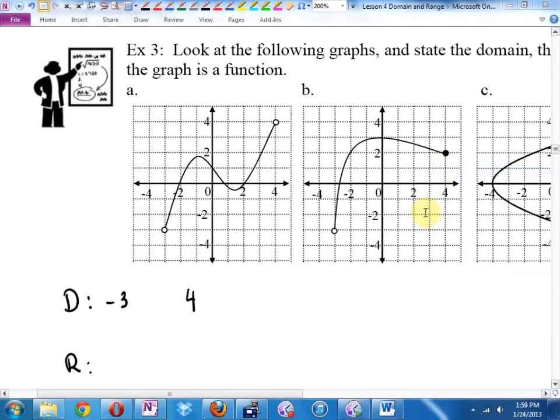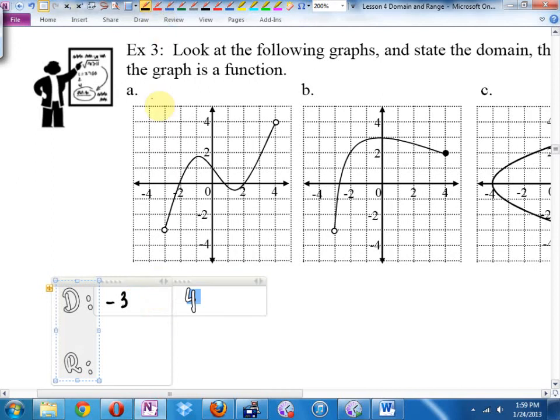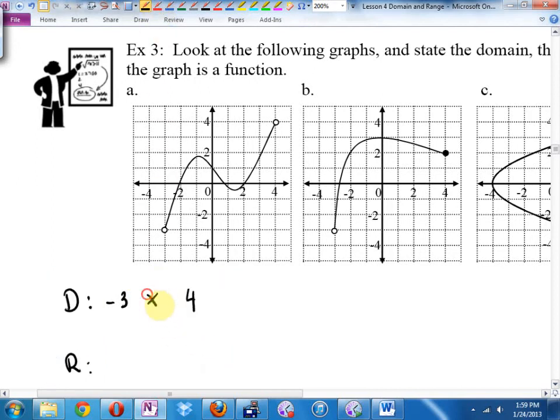To show that it is everything between -3 and +4, listen up, this is important. This is how you write all the x's in between -3 and 4. You write a -3, you write a 4. Domain is my x values, so I'm going to put an x right there in the middle. And what I want to say at the same time is this.